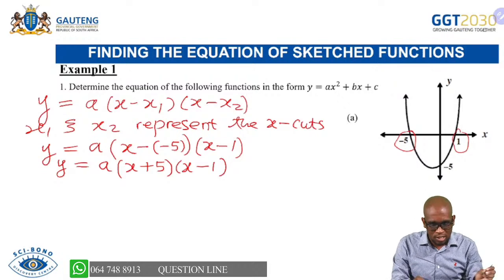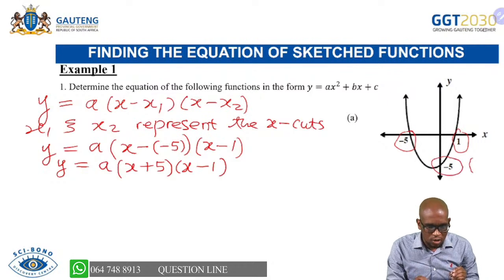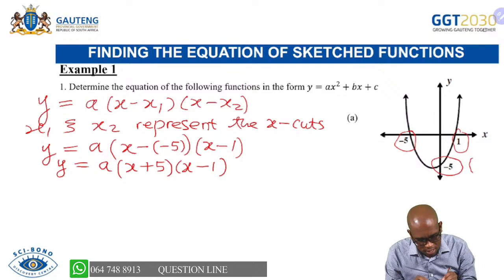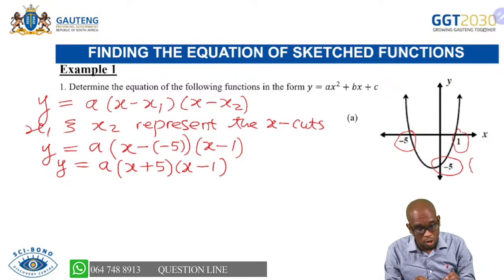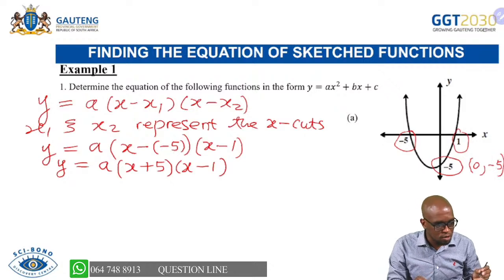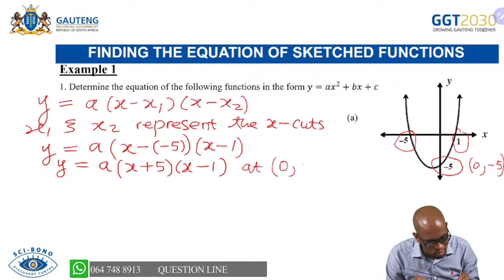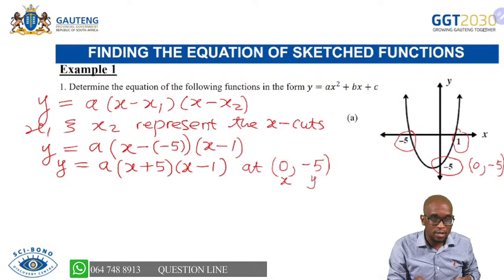So the question is now, what is the given point? The given point is this one, minus 5. If you write this using the set of ordered pairs, you would note that x is equals to 0 on the y-axis and y is equals to minus 5. So we are interested now at the point (0; -5). Our x is 0, our y is minus 5.